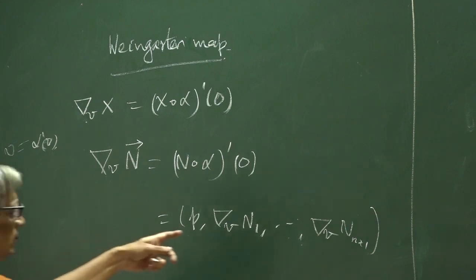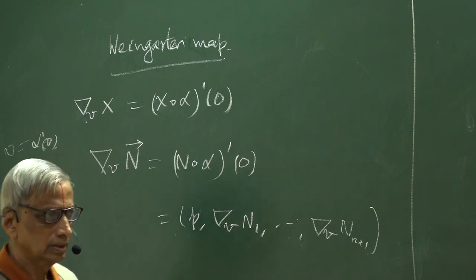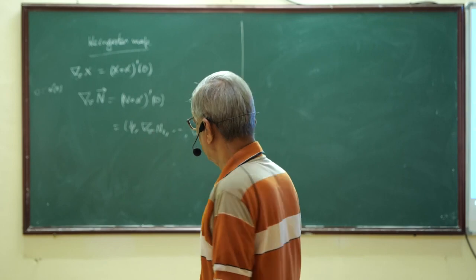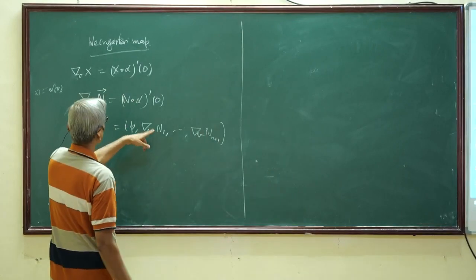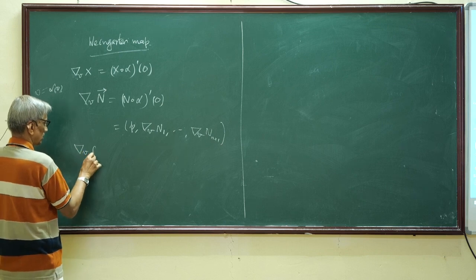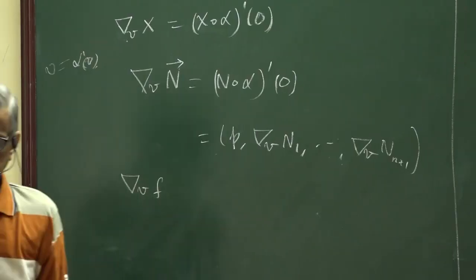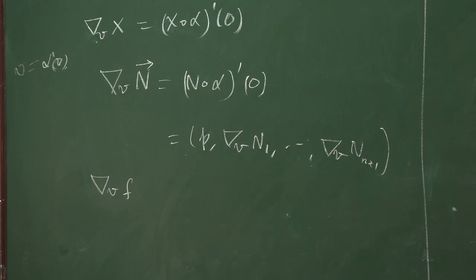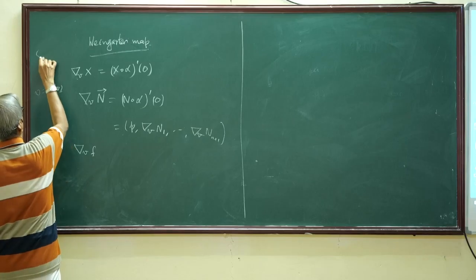So in other words, first of all, these are functions now. If we have a smooth function on the surface, not f, because usually f is reserved for the function which defines the surface. Okay, doesn't matter.